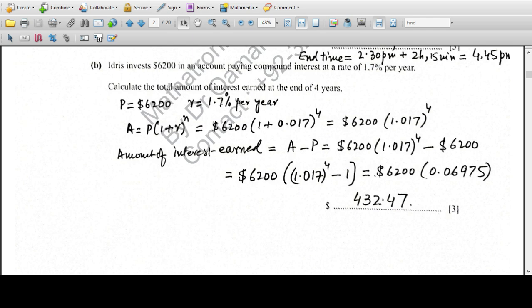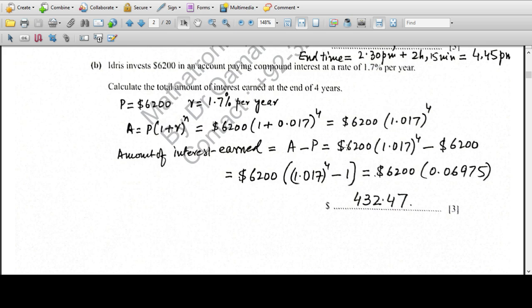The rate of interest is 1.7%, so 1.7 divided by 100 is 0.017, and on simplification we obtain this value, the amount after 4 years.